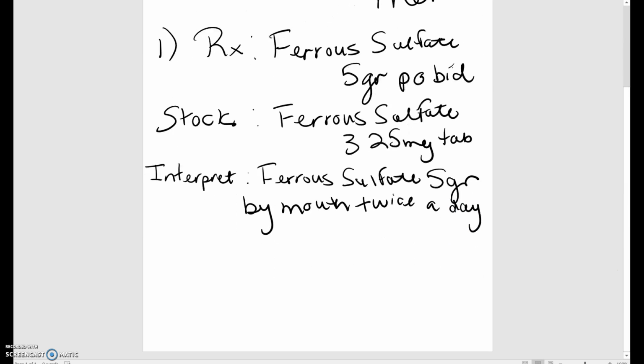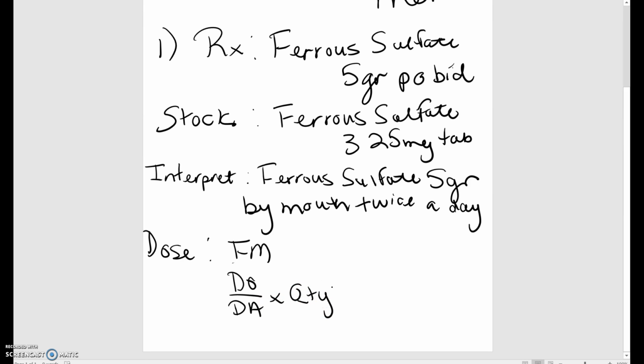All right. The next section is asking me to determine the dose to be given. That's where you're either going to use the formula method or the ratio proportion method. So using the formula method is dose ordered over dose available times the quantity.